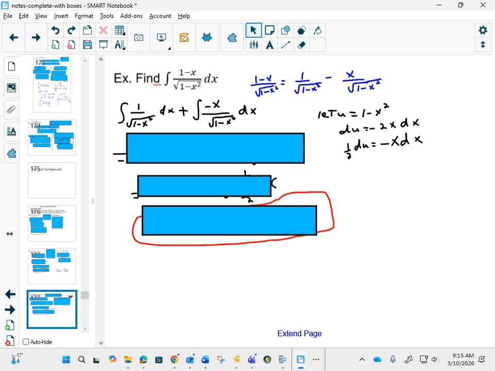The one on the right, you could use substitution because the derivative of the inside function is there. So if I let u equal the inside function, I take the derivative, I get negative 2x dx. That means I could get the negative x dx by itself by moving the 2 over to the other side.